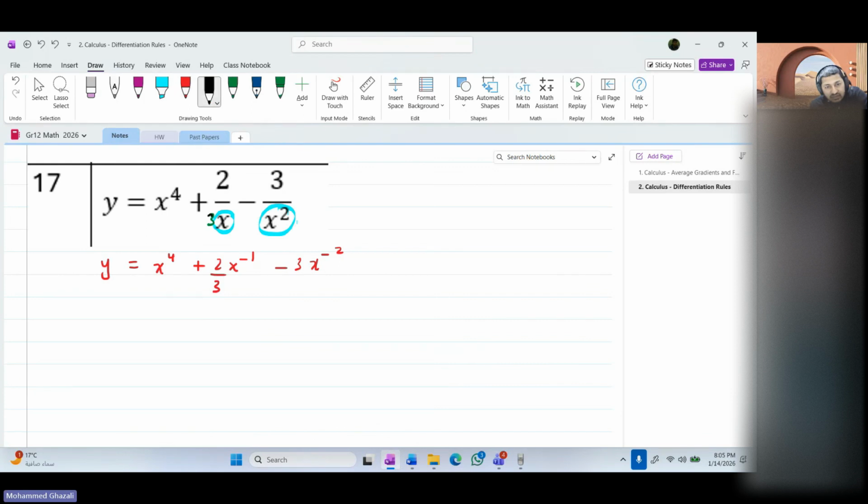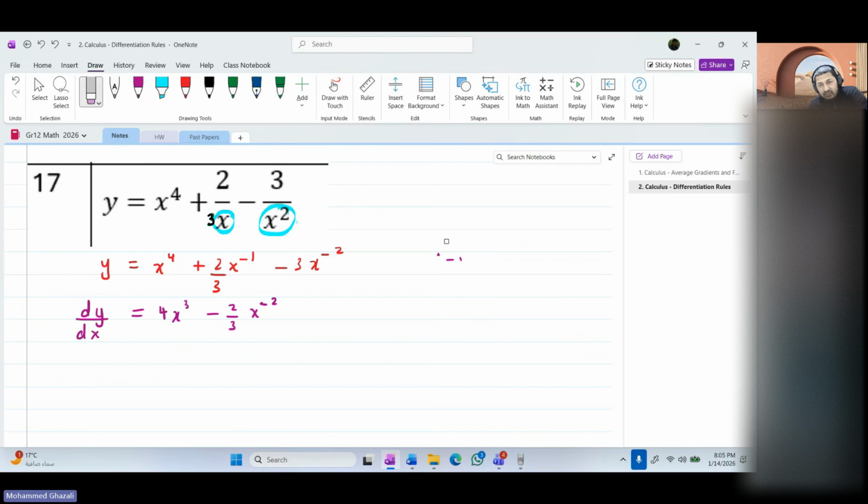Let me just say this is a 3. Now, let's solve this. Don't say y prime, we want to find dy dx, the change in y over change in x. So 4 times 1 is 4x to the power 3, minus 1 times 2/3 is minus 2/3, x to the power, take away 1 from negative 1, you get negative 2. Always go left, so negative 1 becomes negative 2.